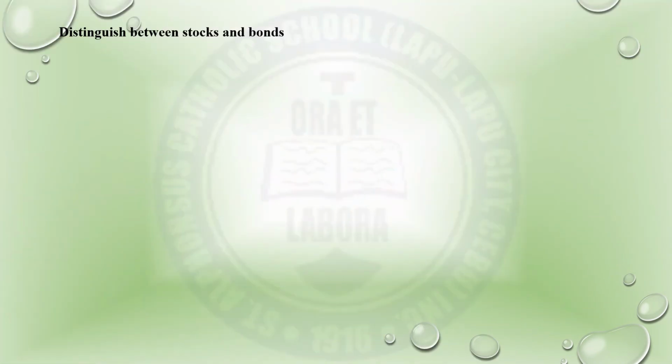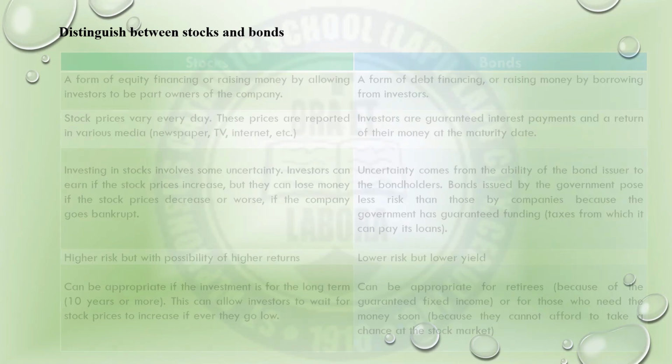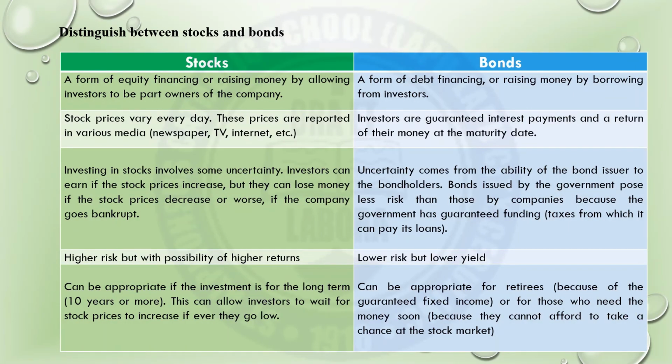When we distinguish between stocks and bonds, a stock is a form of equity financing, or raising money by allowing investors to be part owners of the company, while a bond is a form of debt financing, or raising money by borrowing from investors.